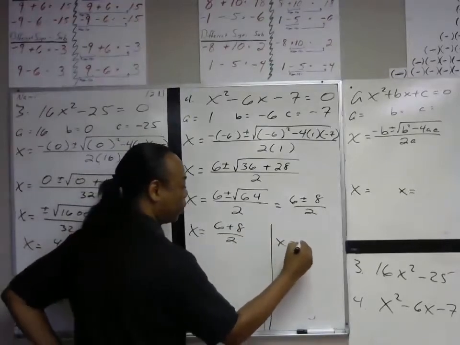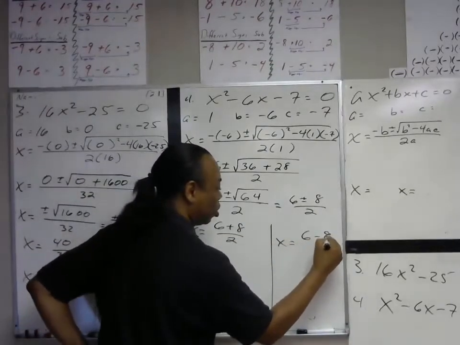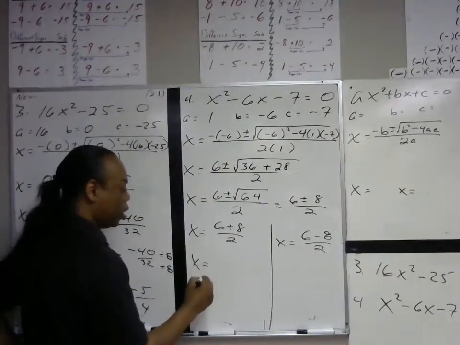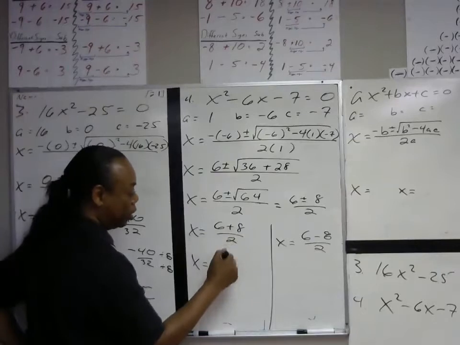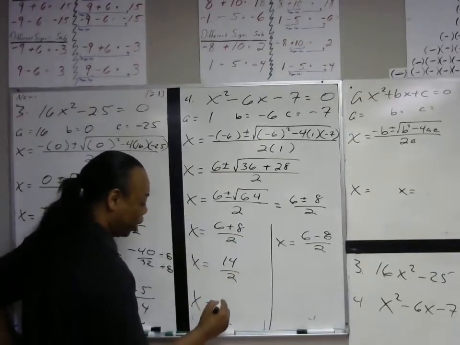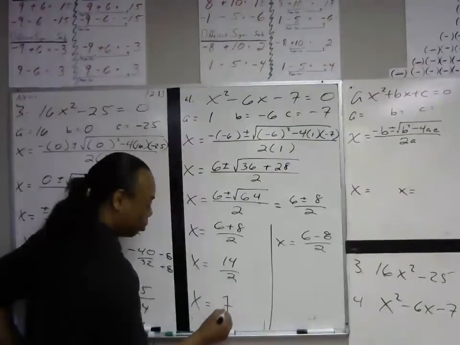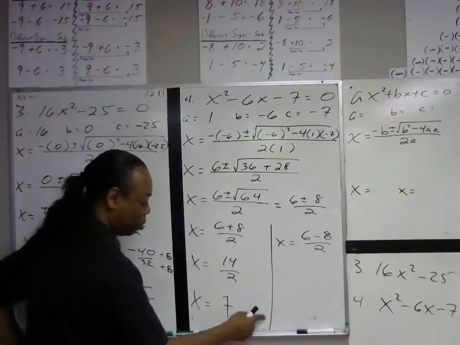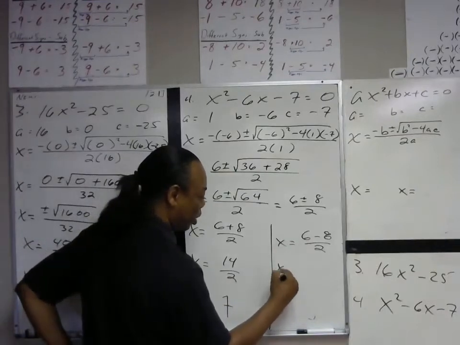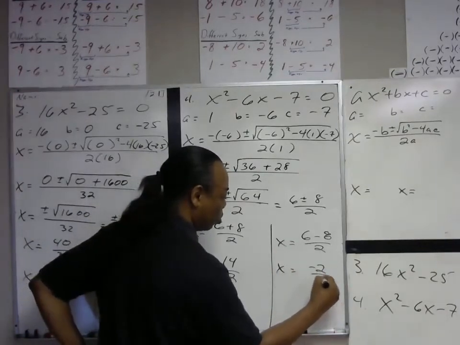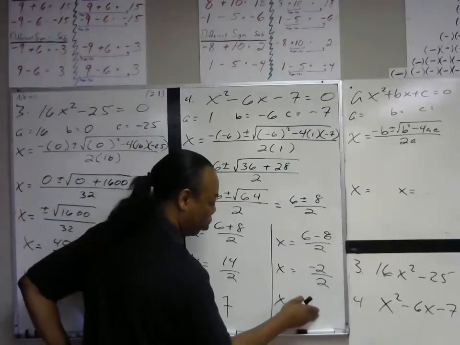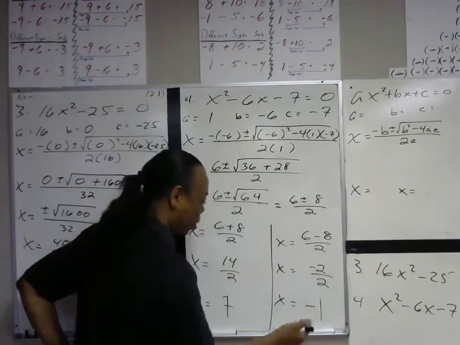And we also have x equals 6 minus 8 all over 2. Okay. 6 plus 8, that's 14 over 2. And 14 over 2 simplifies to a 7. Over here, 6 minus 8 is a negative 2. And negative 2 divided by positive 2 gives us negative 1. And those are our solutions.